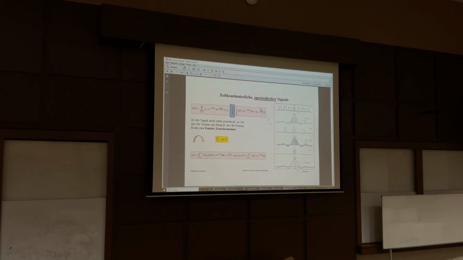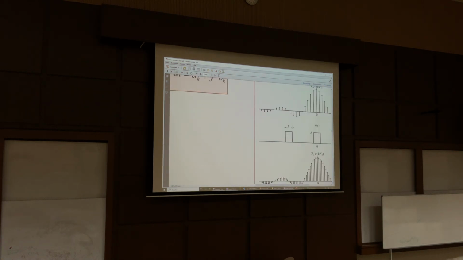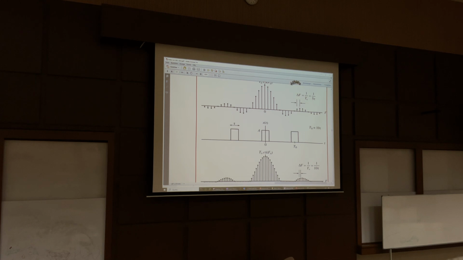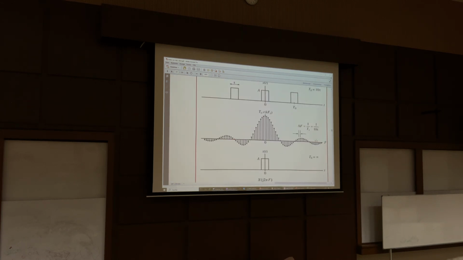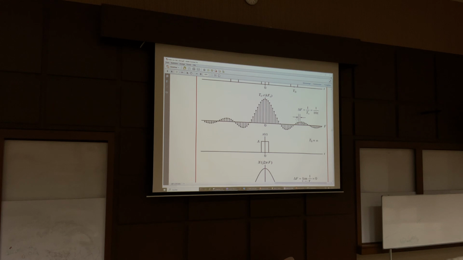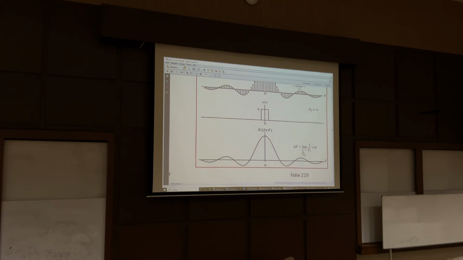You see that was in the periodic case, the frequency resolution, 1 over T0. So T0 goes to infinity, that means this gap goes to 0, and instead of having a discrete spectrum, we have a continuous spectrum.